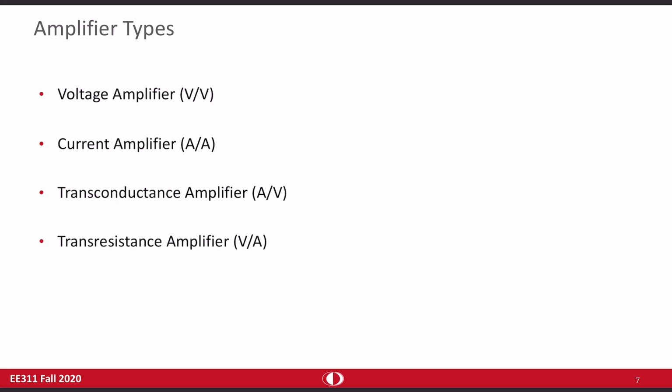The voltage amplifier: input is voltage, output is voltage. So this is input, this is output, and the unit is volt per volt, or it's unitless, you can say.